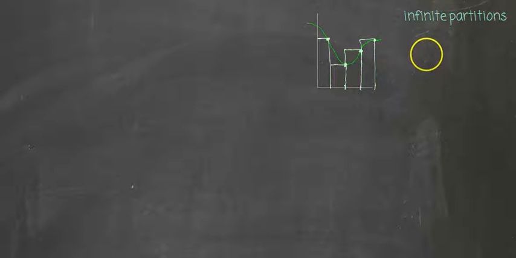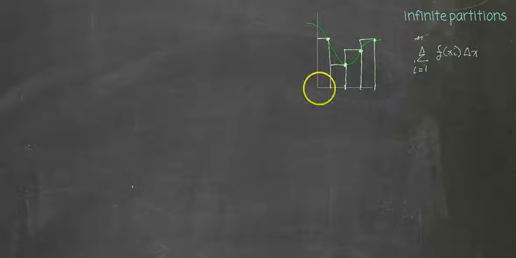The algebra is the same, or the formula for the sum is the same. You have however many partitions, and you're going to count from the first to the nth one. And the area of each partition is determined by the height, which is the f of xi, and the length of the base, which is just delta x.